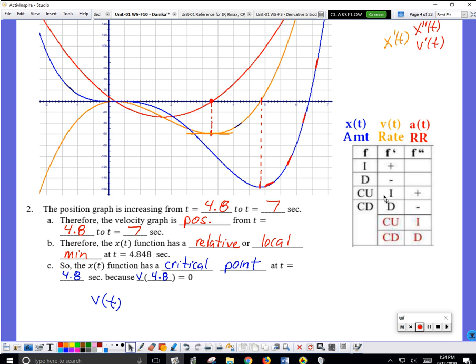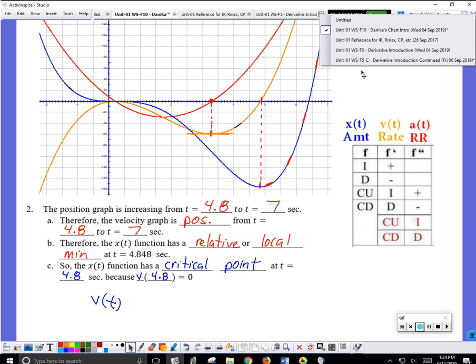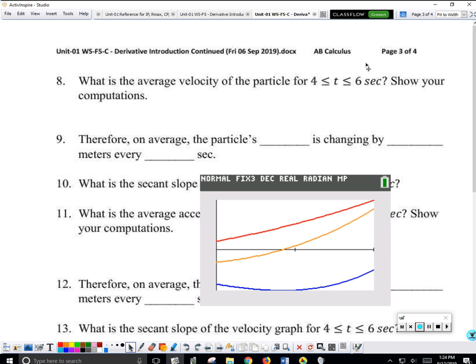Questions on that? So now look back here at the one Ethan asked about, number 8. 8 says, what is the average velocity? Stop right there. Velocity means rate of change in position. So this is saying find the average rate at which the position changes. Read the name for me.